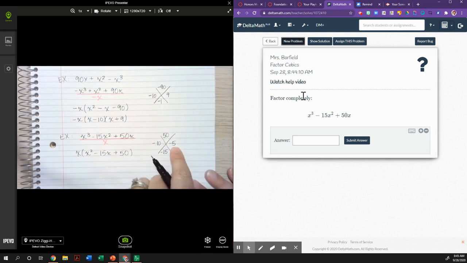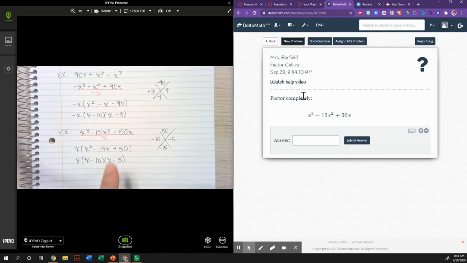So negative 10 times negative 5 is going to give me positive 50, and negative 10 plus negative 5 will give me negative 15. So x, parentheses, x minus 10, x minus 5.